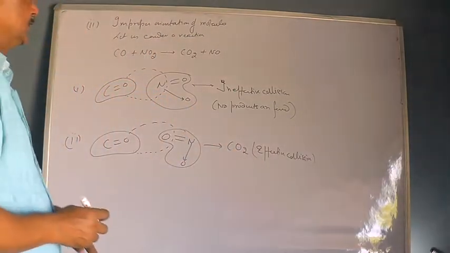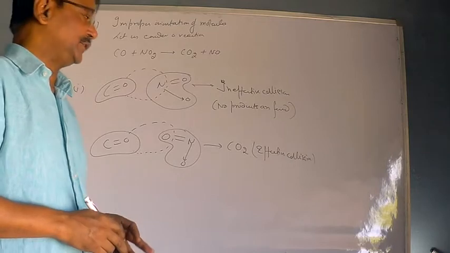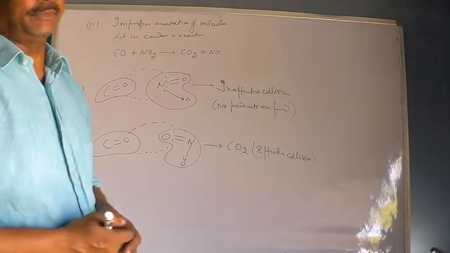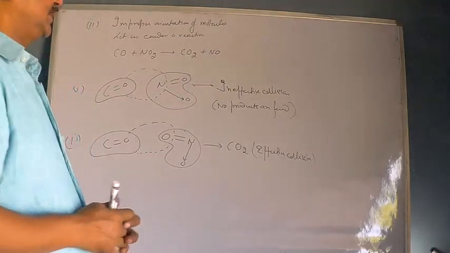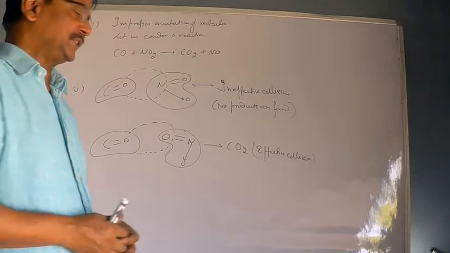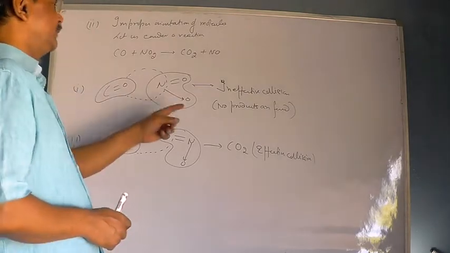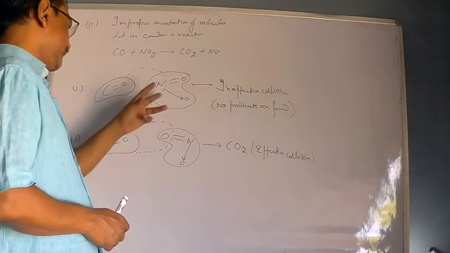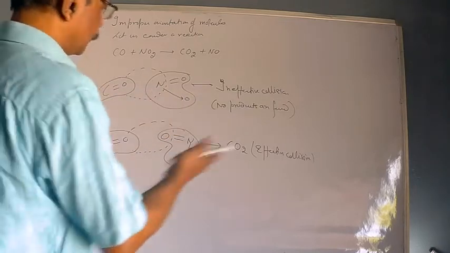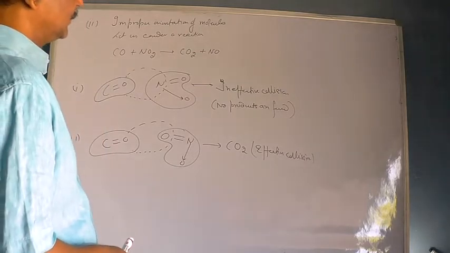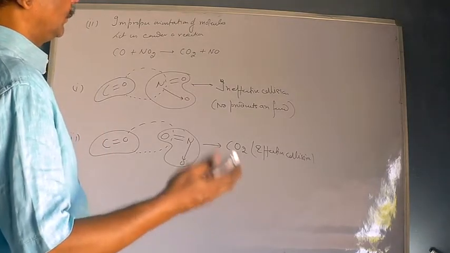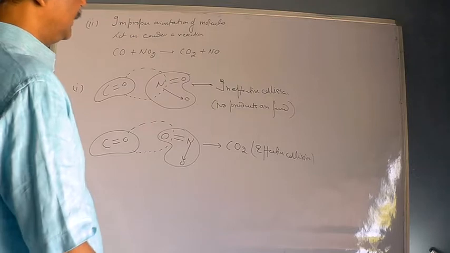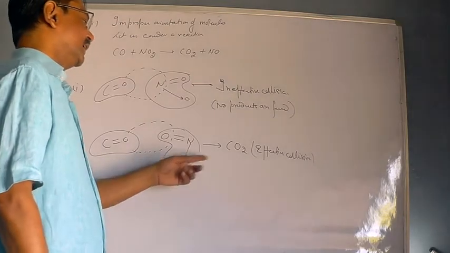Class, we were discussing that collision frequency being very high, that is ranging 10 to the power 30 to 10 to the power 40 collisions per second, but still reaction takes place at a moderate rate. The reason is that frequency of ineffective collisions are very high. So if ineffective collisions are very high, they are not going to give us desired product. That's why the reaction always takes place at a moderate rate, because effective collisions are less.